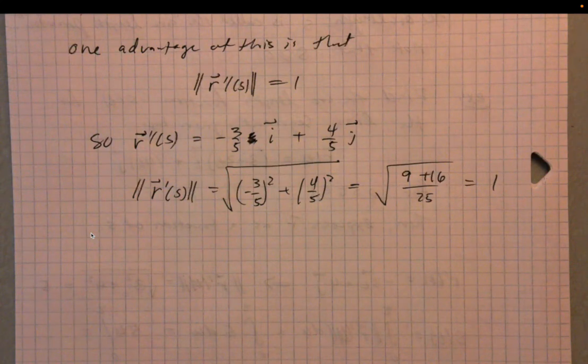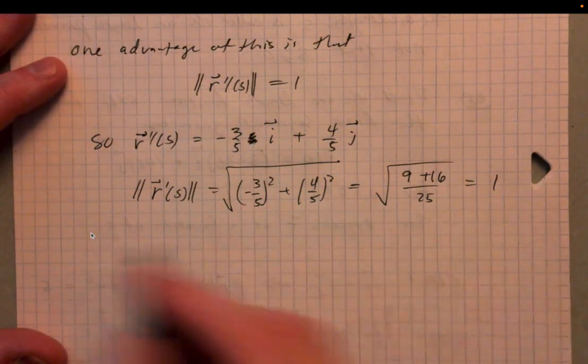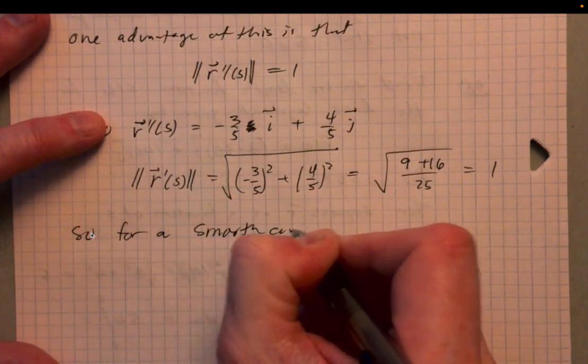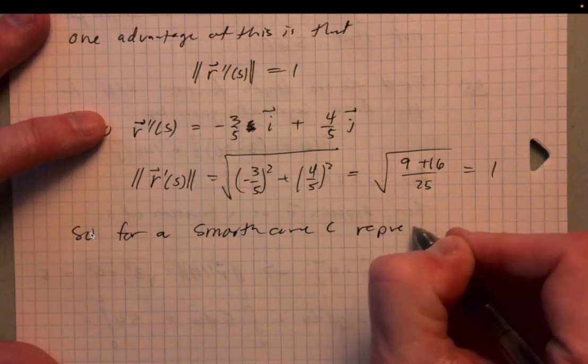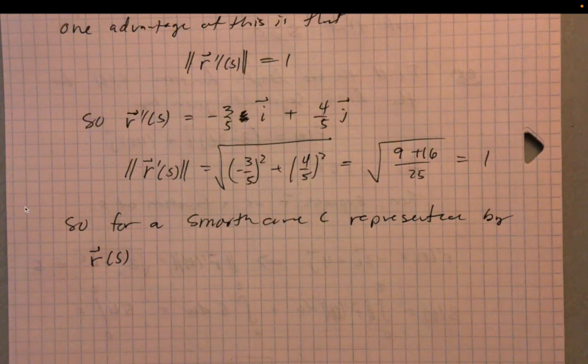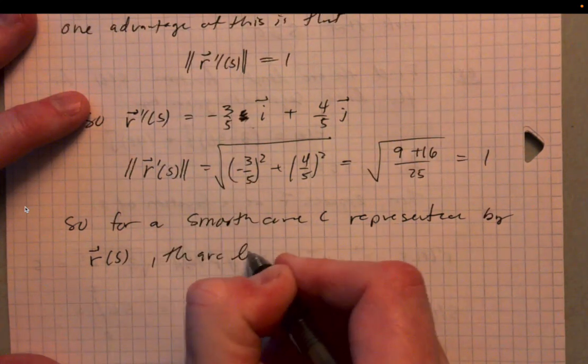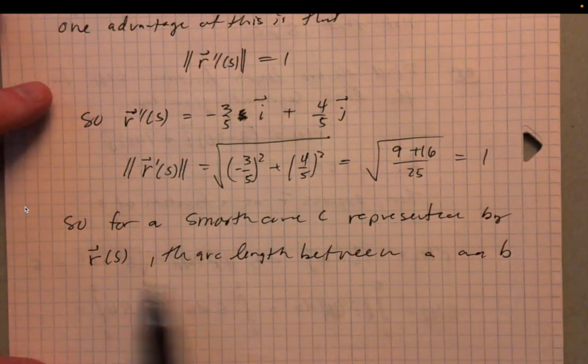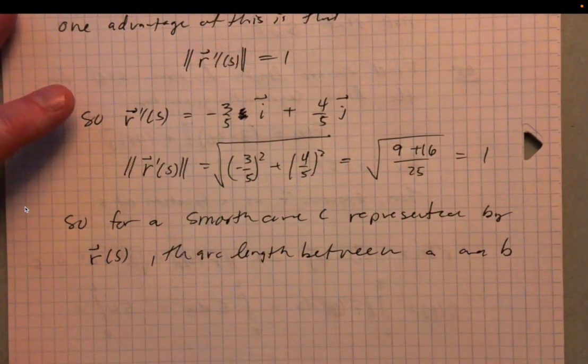Right, so for a smooth curve C represented by r of s, parameterized by this arc length parameter, let's push through the arc length between a and b. That is what we use to derive this s.